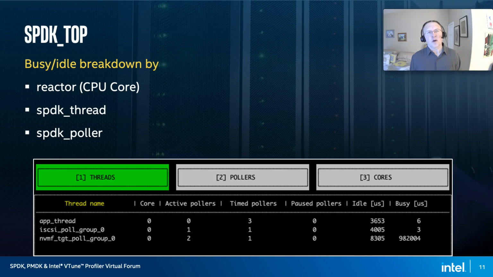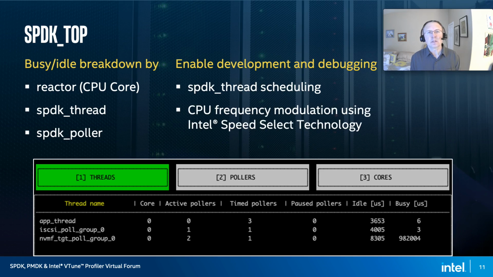And then we can also break that down on an SPDK thread level or even an SPDK poller level, so that you can look at the different pollers you have in your application and see which ones are spending time doing real work versus being idle.